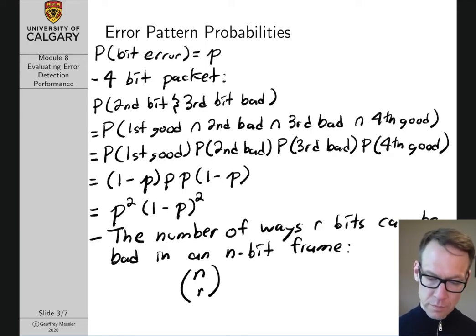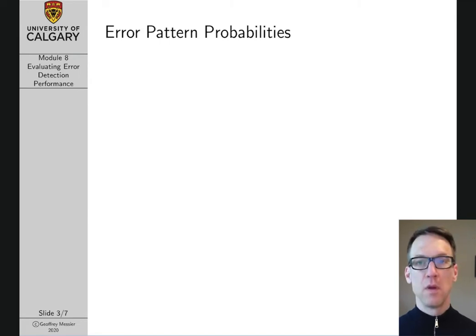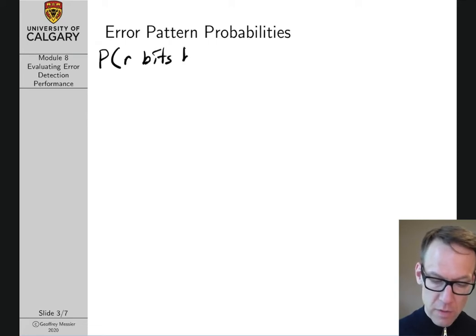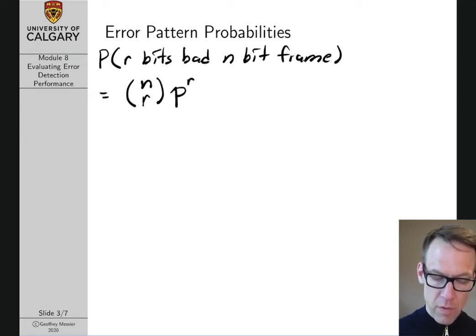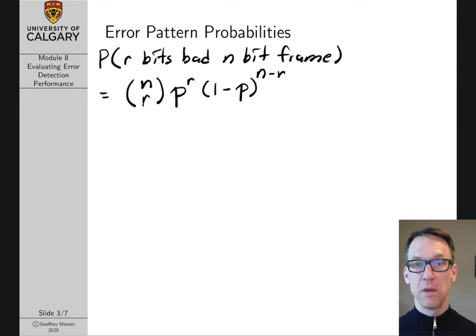And that means that the probability of r bits being bad in an n-bit frame is equal to n choose r times the probability of r bits being bad and the remaining n minus r bits being good.